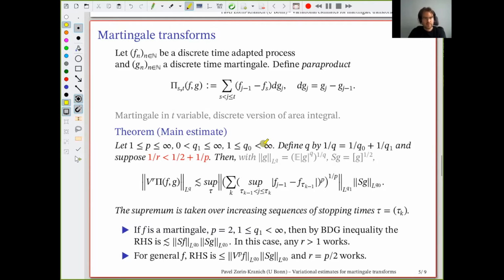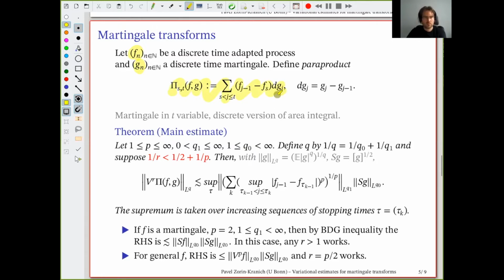So now instead of process X, we have a discrete time adapted process, which is now called F instead of X, because I wanted a different letter in discrete time, and the martingale is now called G. And what we call paraproduct is a kind of discrete area integral.